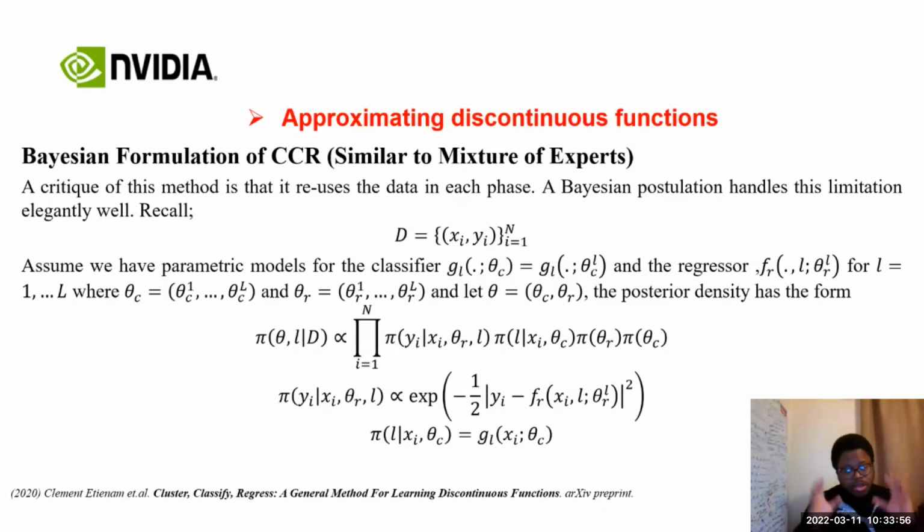It's ad hoc and works, but there is a full Bayesian mathematical approach where the posterior density of your theta and the labels given D, and your theta in this case is the theta from your classifier and your regressor, all concatenated into a tall thin vector, is proportional to the product of the likelihood given that particular regressor and that particular classifier, multiplied by the prior.